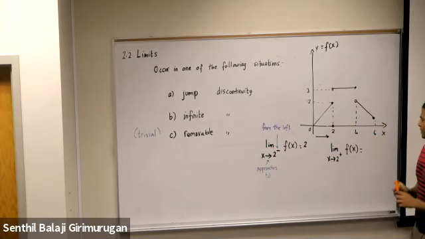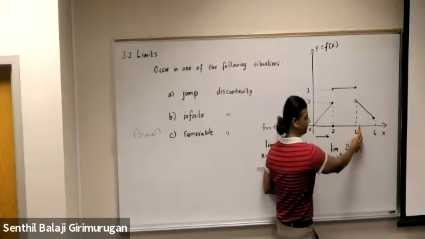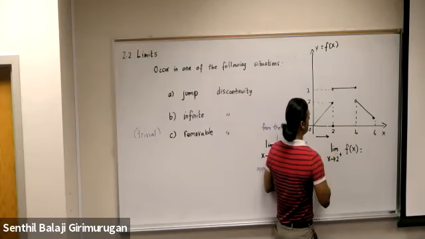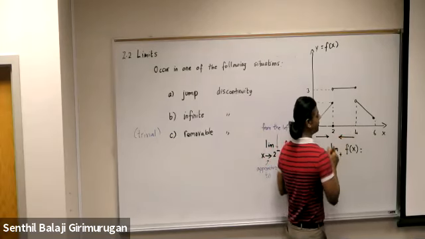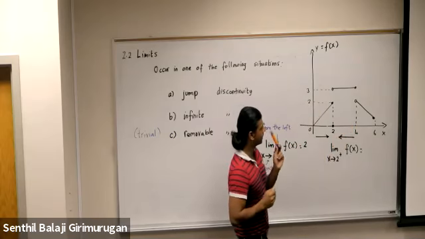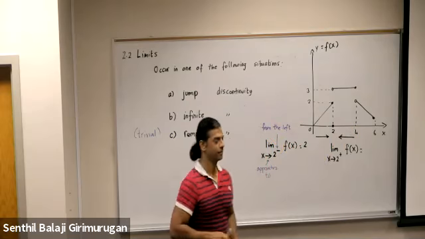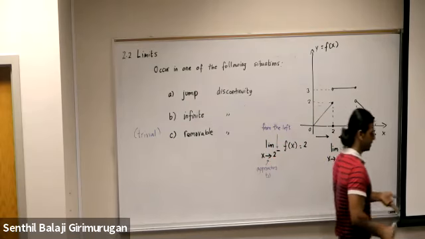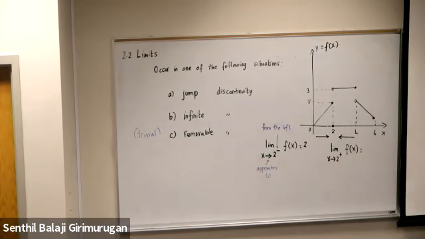Good. So let's start at 4. And I'm going to get closer and closer to 2. What happens to the value of the function? At 4, what is the value of the function? 3.